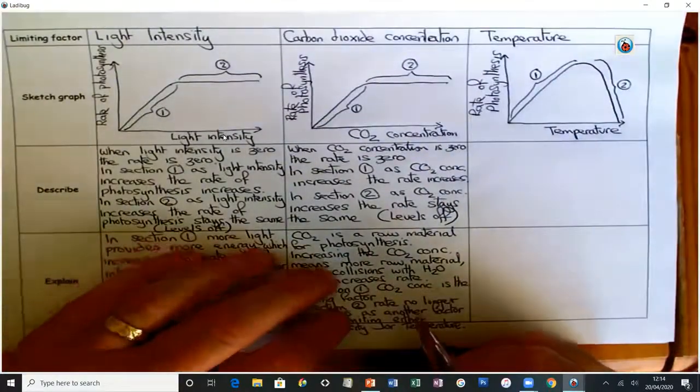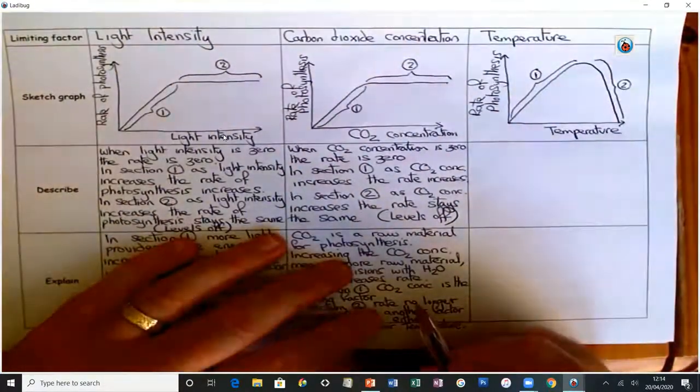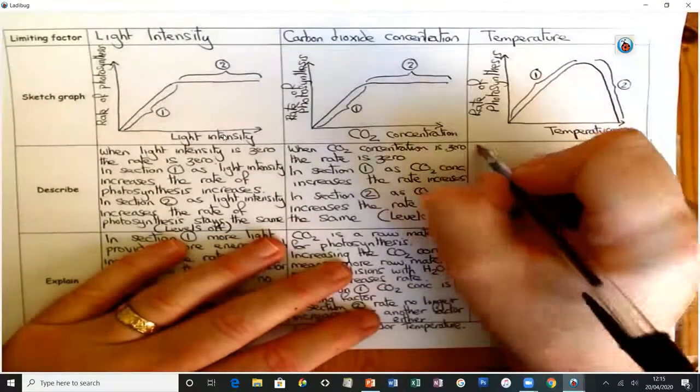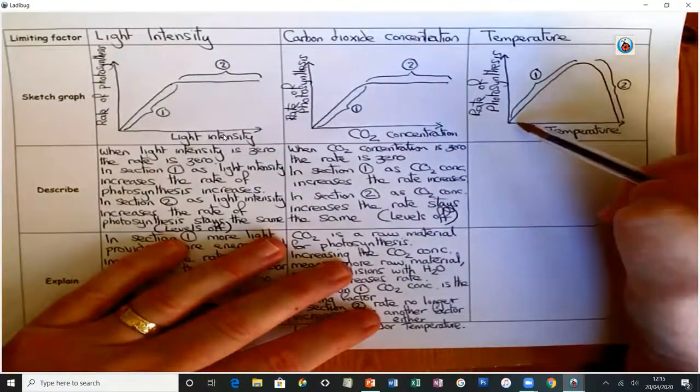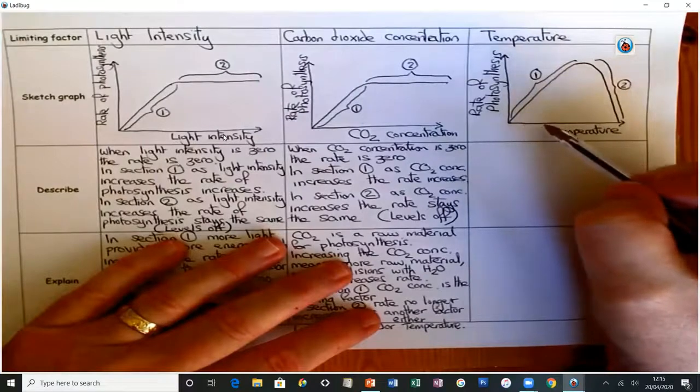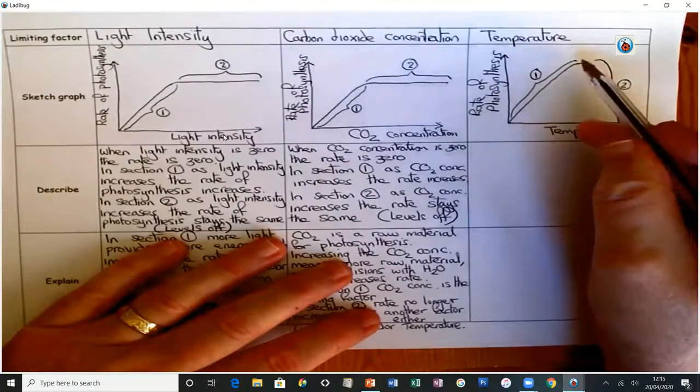Okay, right, let's write what we can see. So simply we can see, first of all, in section 1, as the temperature increases, the rate of photosynthesis increases.